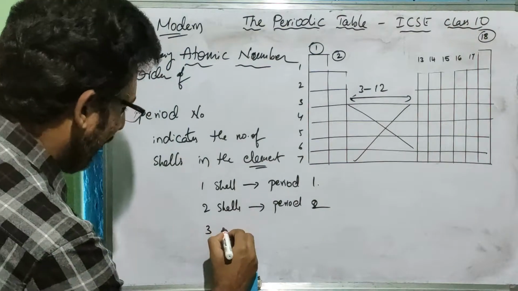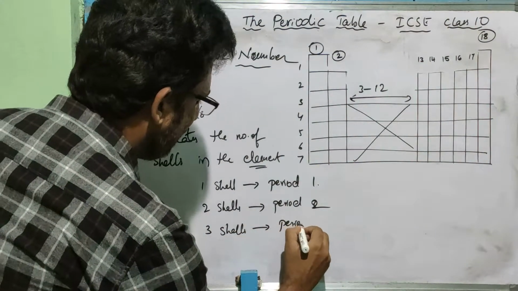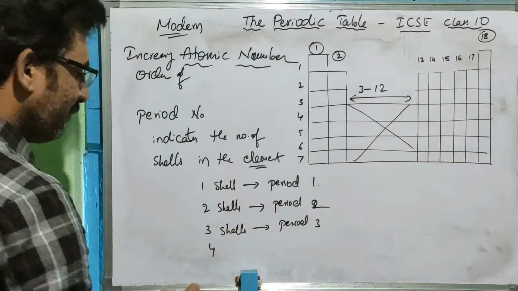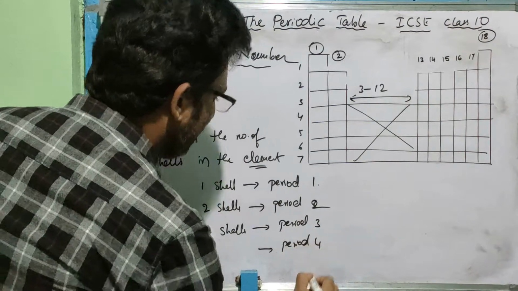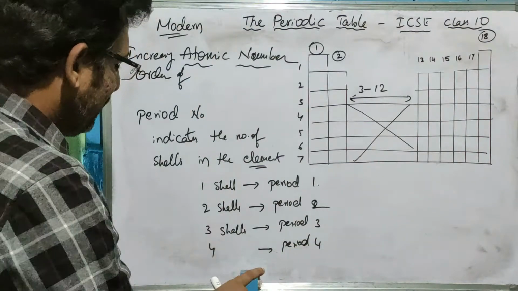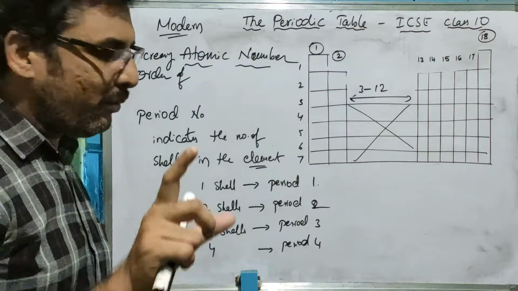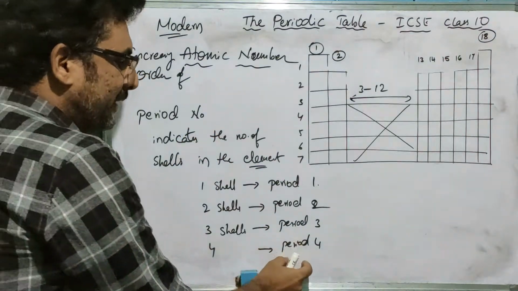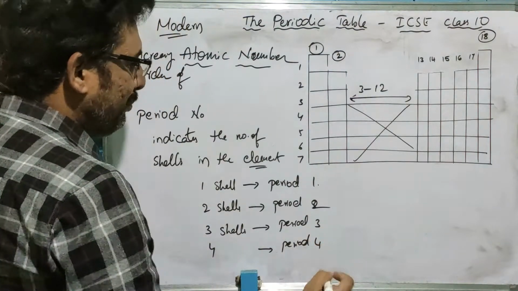And the elements which have 3 shells will go to period 3. Similarly, for 4 shells, the element will go to period number 4. That means the number of shells in the atom of that element will decide its period number in the periodic table.